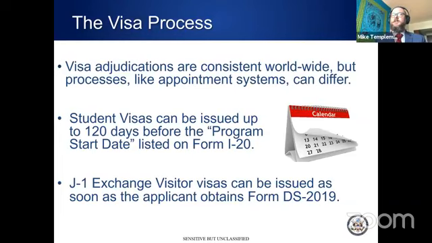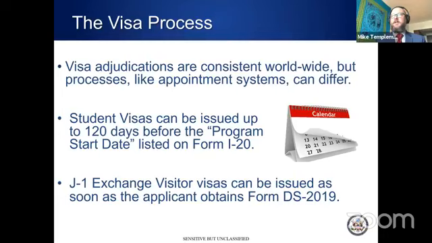And so generally for student visas, you can't be issued that visa more than 6 months out from the start date of your program, okay? And the exception is the J1 program that we were talking about.